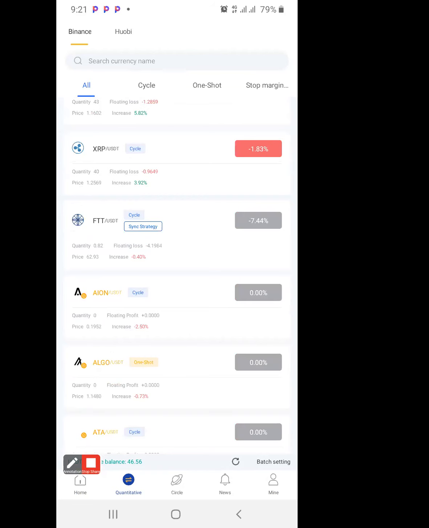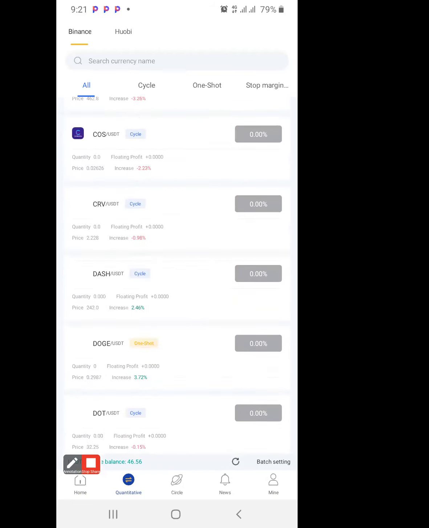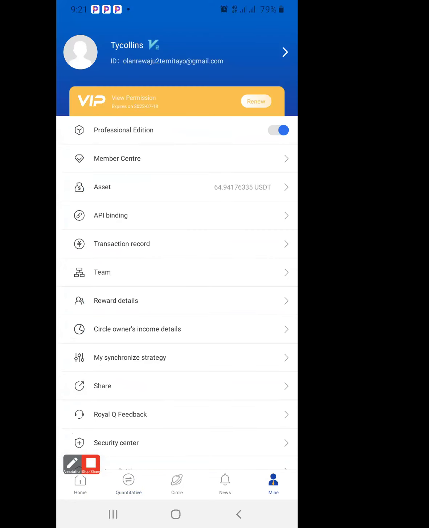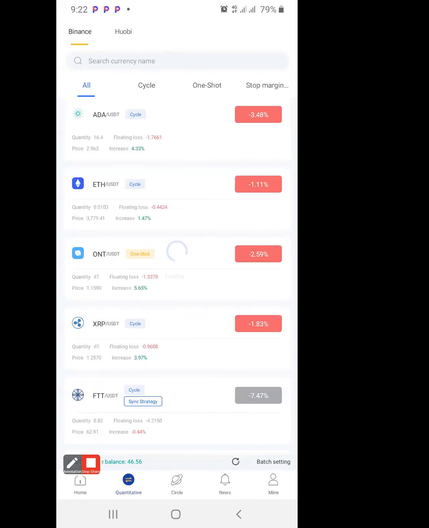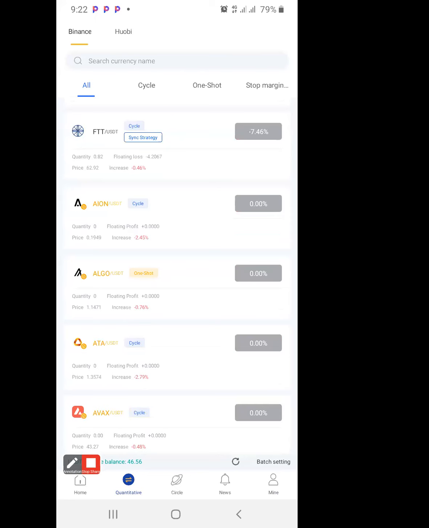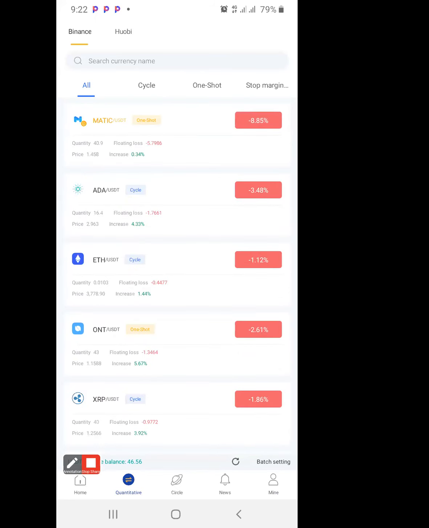That's the first. When you click one of the answers, the one that shows you the right answer, you click and confirm. After doing that, on your quantitative, you have over 70 currency pairs that you can trade. That's the function of the quantitative.